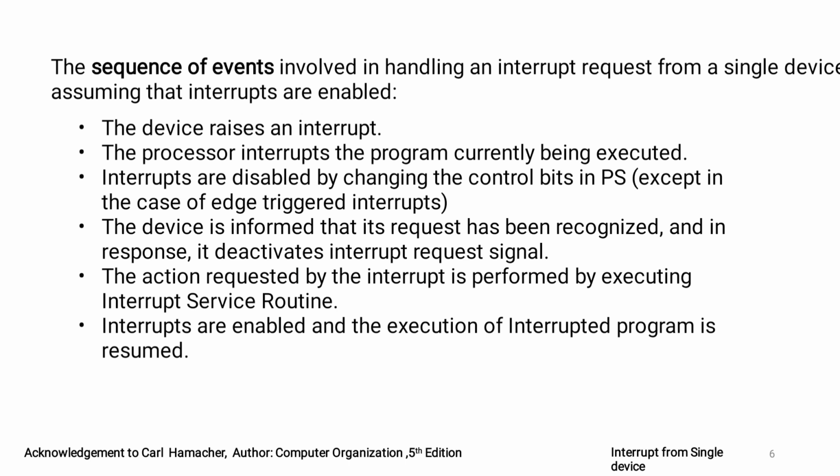What events take place? First, the device raises an interrupt, meaning it closes its switch and the INTR bar line becomes low. Inside the processor, the INTR line is logic 1, that is active. The processor is informed that a device is requesting service.